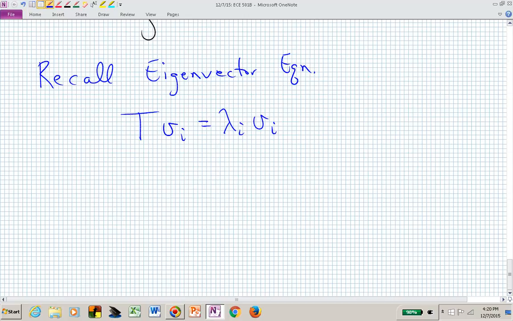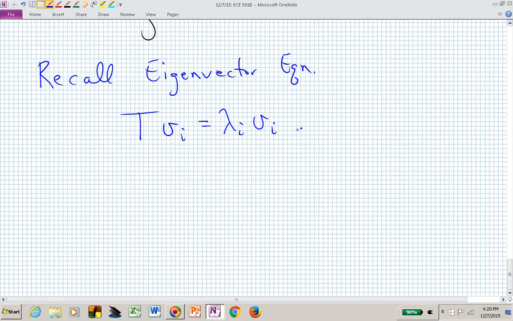This says now that we have a linear operator. The operator says we're going from one space back into the space, and when we operate on a particular direction, we actually are just scaling in that same direction, v sub i, if we choose the vectors to be eigenvectors.